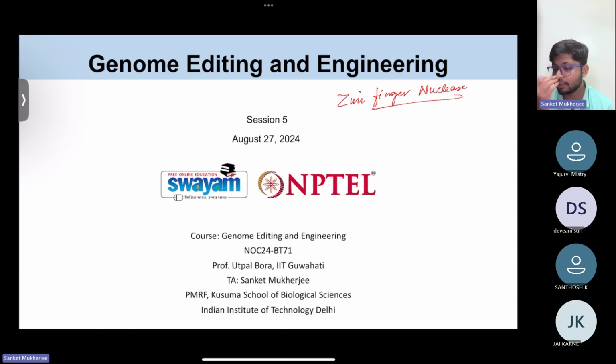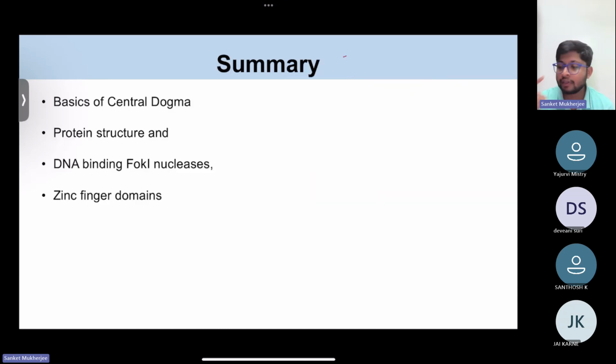Okay, let's start. A brief summary of what we have coming in this week is the basics of central dogma. We'll talk about the central dogma of molecular biology. Then we'll talk about the protein structure and DNA binding. FokI, which comes from Flavobacterium okeanocoides, is a nuclease which we can use for cleaving any particular sequence.